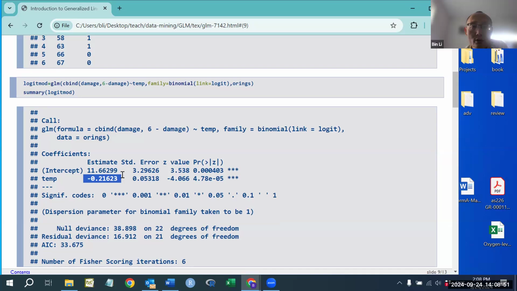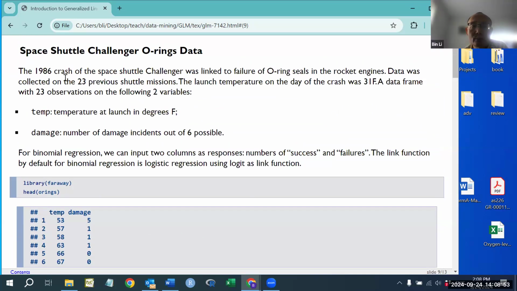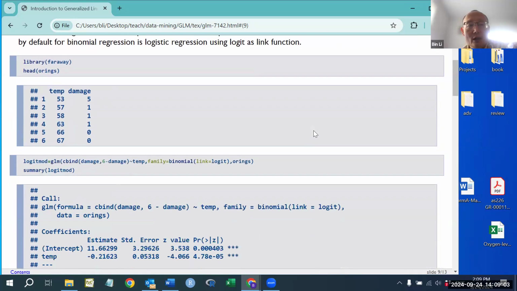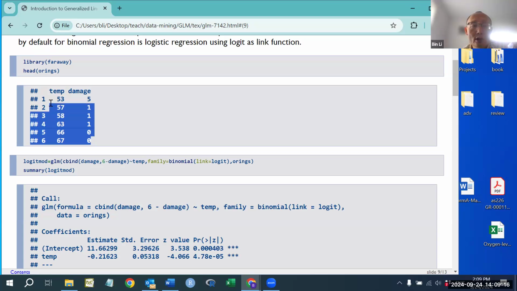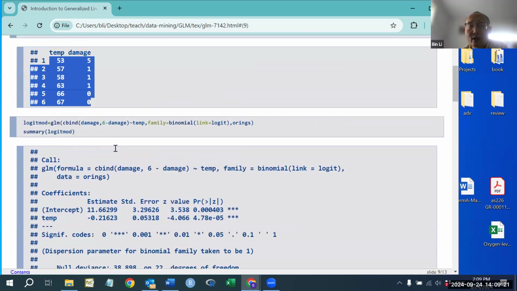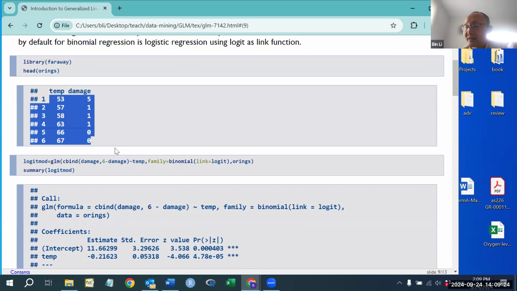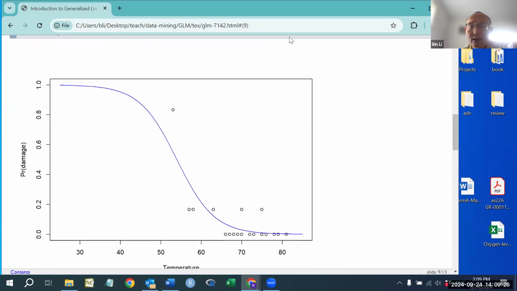And look at the temperature that the Space Shuttle Challenger launched. It's at 31 Fahrenheit. That's a very low temperature. And you can see that when the temperature is over 60, the probability of getting damaged is quite low. But when the temperature is close to 50, the chance of having the damaged results is very high. And look at the curve. It's the same, right?